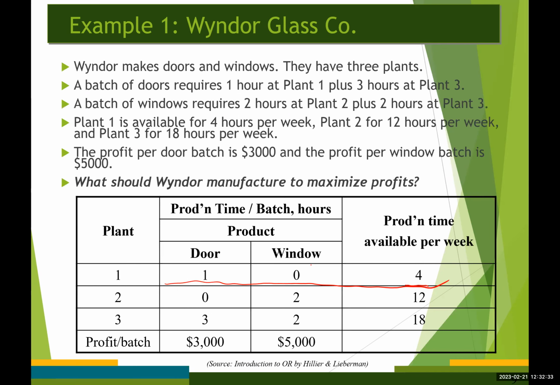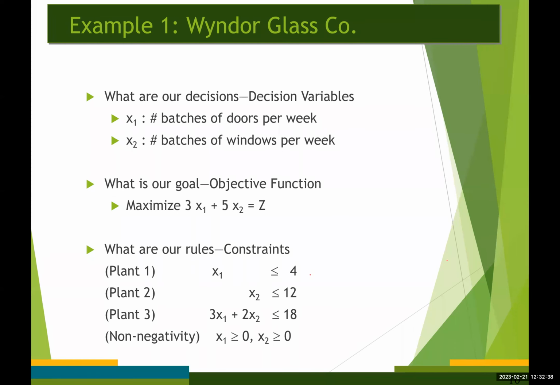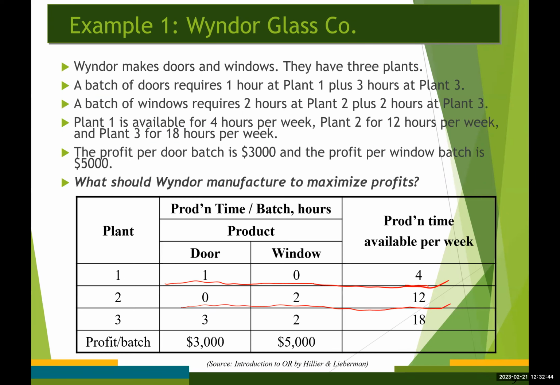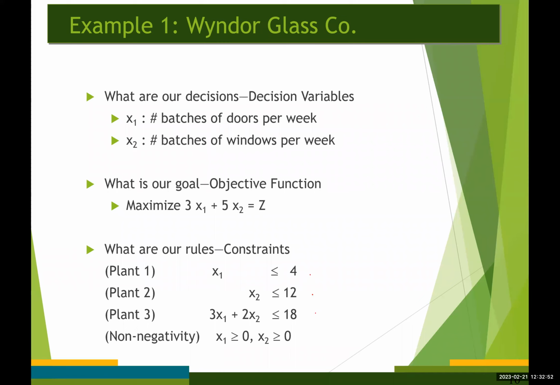Likewise, considering the next row in this table, 2x2 is less than or equal to 12. That's going to be our plant number 2 constraint. Likewise, the plant number 3 constraint is going to be 3x1 plus 2x2 less than or equal to 18. So we have the third constraint right here. And because the production rate cannot be negative, we added the sign restriction in the end, okay? So both decision variables, x1 and x2, have to be non-negative.